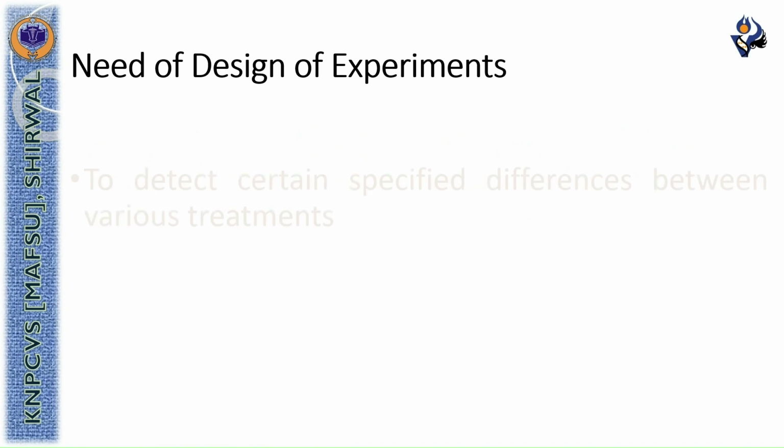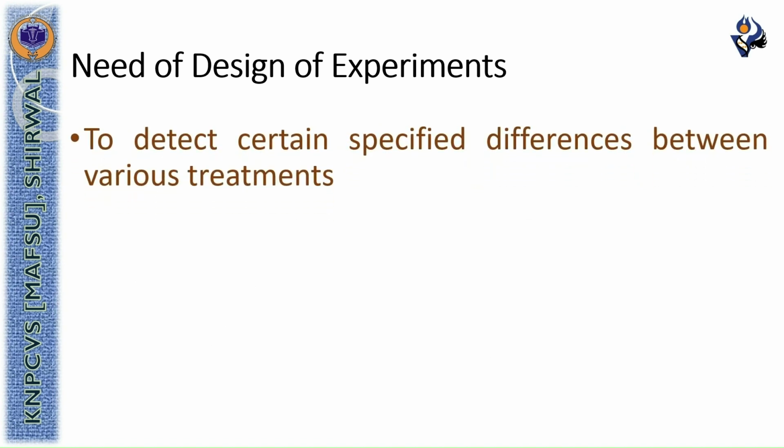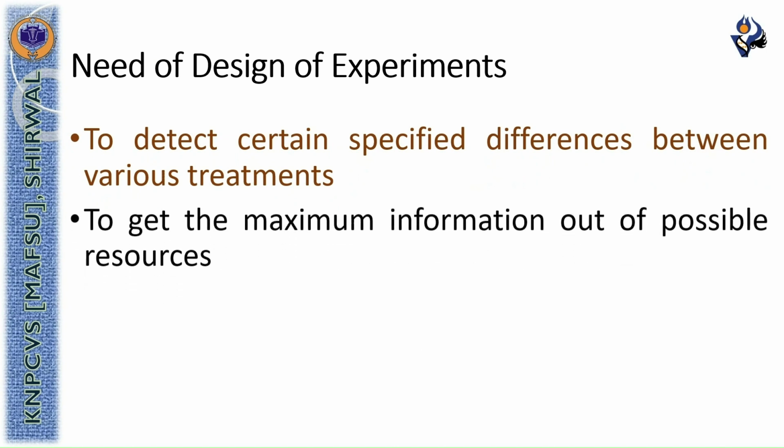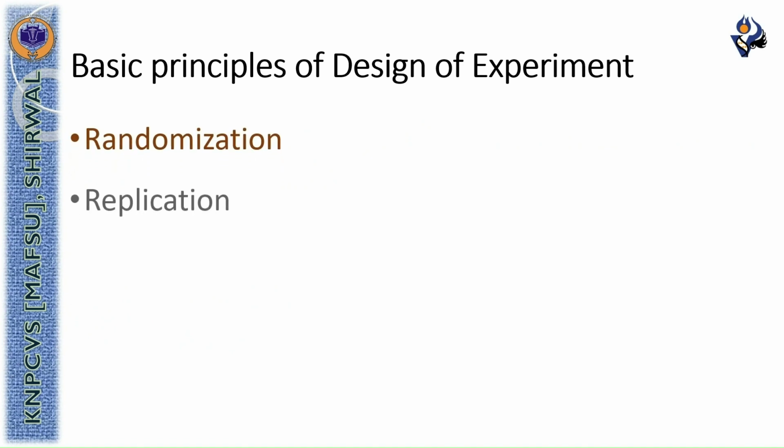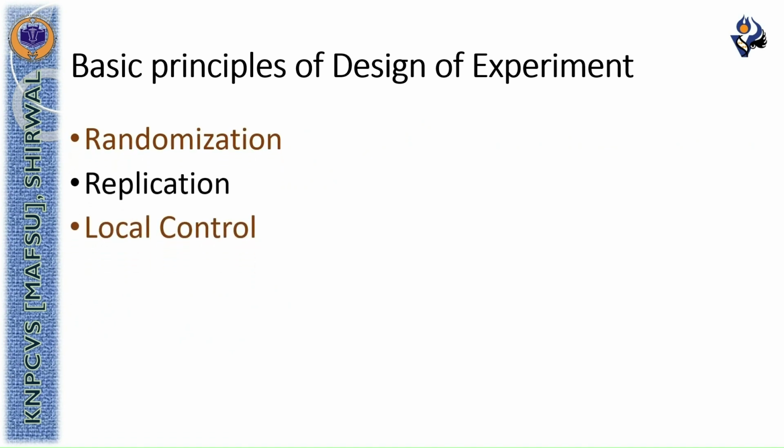The need of design of experiment is to detect certain specified differences between various treatments, to get maximum information out of possible resources, and to avoid the various biases. The basic principles of design of experiment include randomization, replication, and the local control.